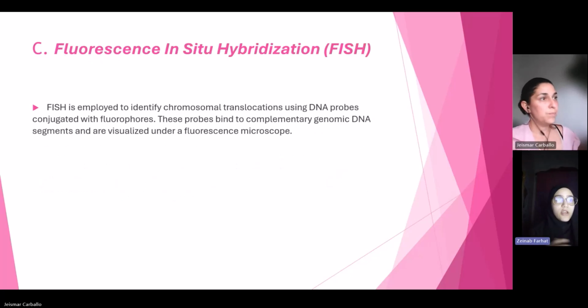So in FISH, what happens is that we use DNA probes, which are complementary to the gene of interest, and when they hybridize, we label them with a fluorophore. So when it hybridizes, it will fluoresce, and we will detect where exactly the translocation or the mutation happens. And this is way more specific to detect the cryptic changes.